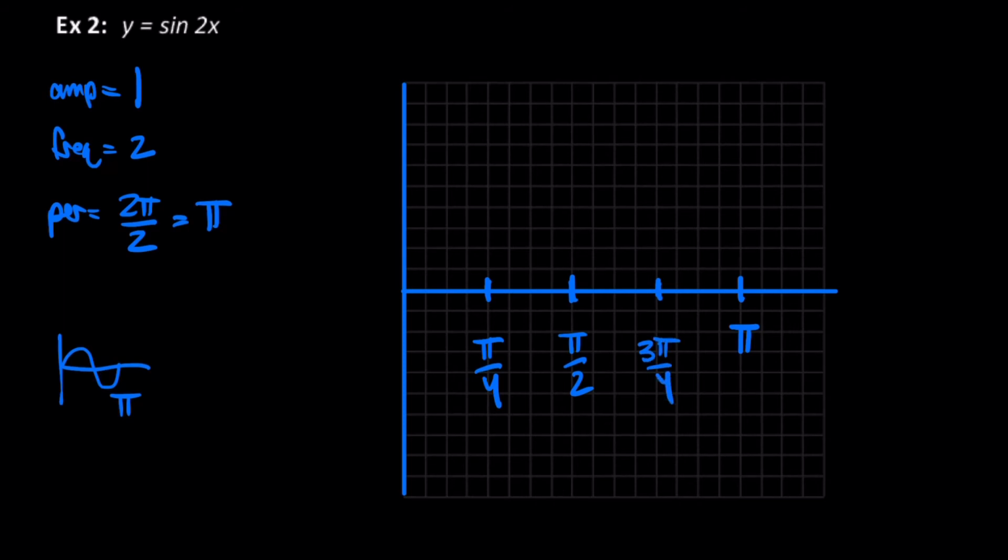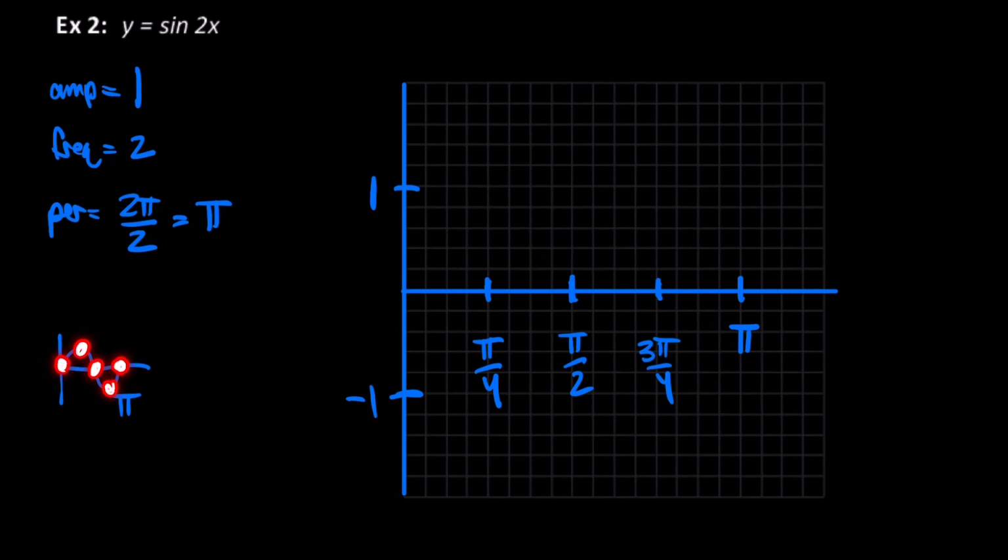Amplitude is 1, so you can set the scale whatever you want. I'm just going to go up, let's say, 5 blocks, call it 1. You can go up whatever you want. Just label it 1. Just make sure you go down the same number. 1, 2, 3, 4, 5. So that's -1. So now what I need to do, because I've got this organized already, period divided by 4, is transfer these points to the grid.